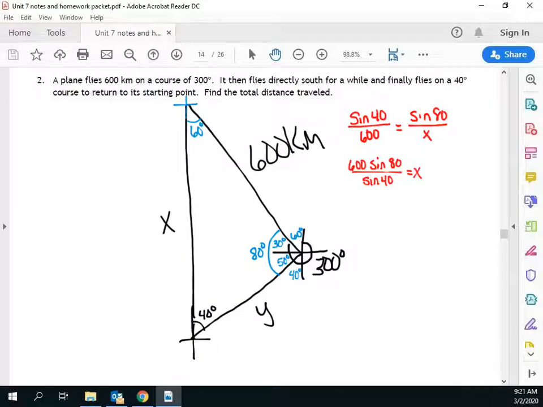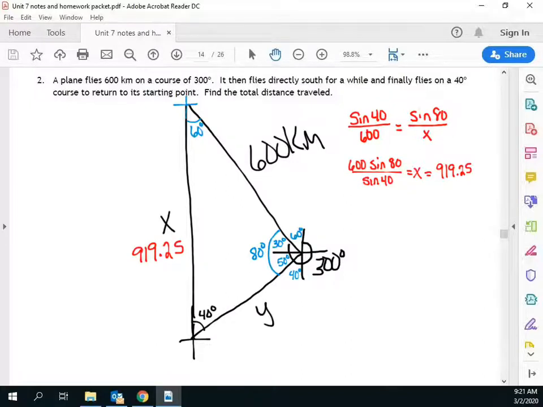And you should get that leg equaling 1119.25 kilometers, but whatever.